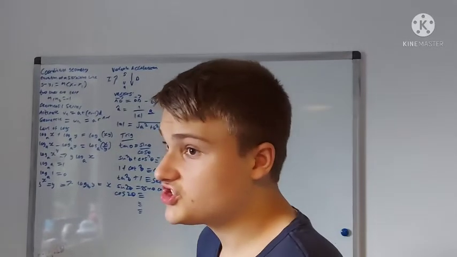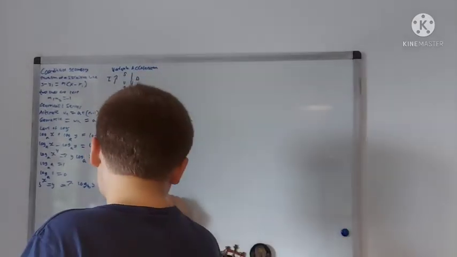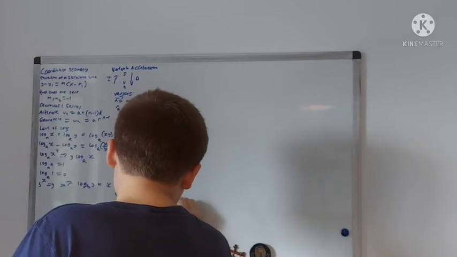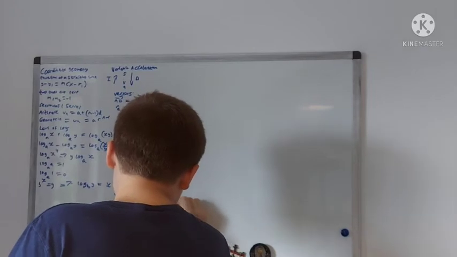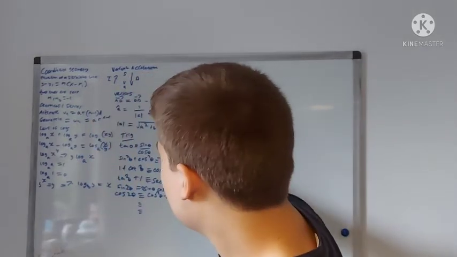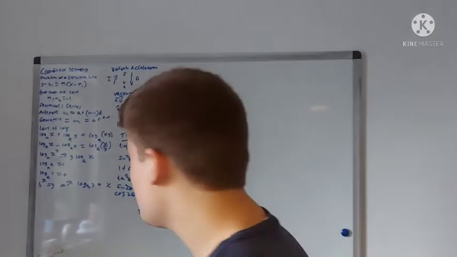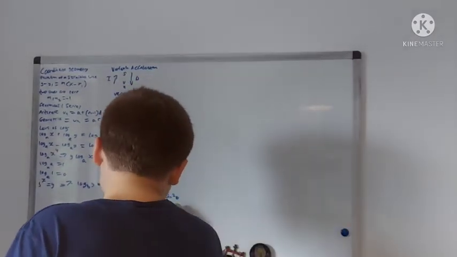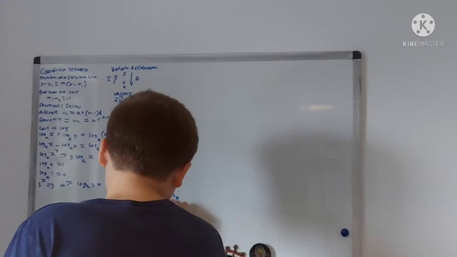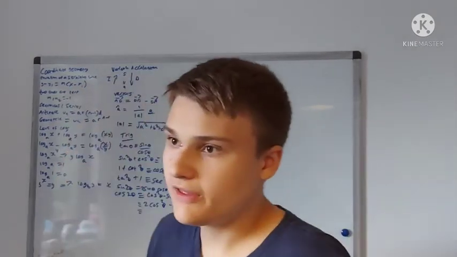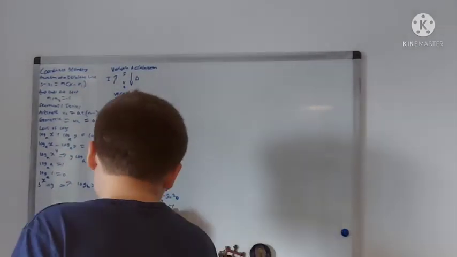So you've got cos squared minus sine squared, and then using that initial one, the one we started with, we can find the other 2. So we've got 2 cos squared minus 1. Okay, then you've got 1 minus 2 sine squared.